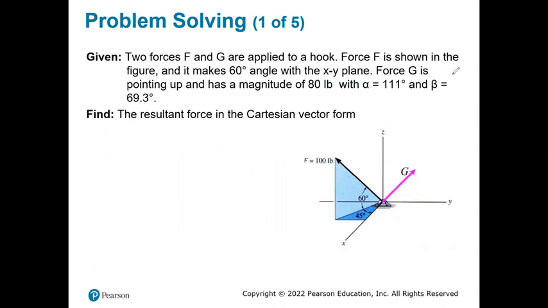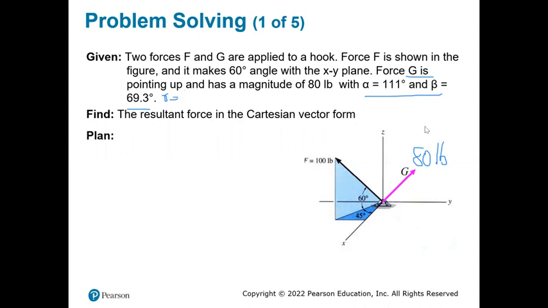So it's a projection angle. Then you are given the force G that is pointing up, with a magnitude of 80 pounds. For that, you are given alpha and beta, which are coordinate angles. So we know two angles and we know how we get the next angle. So we look at the previous slide.